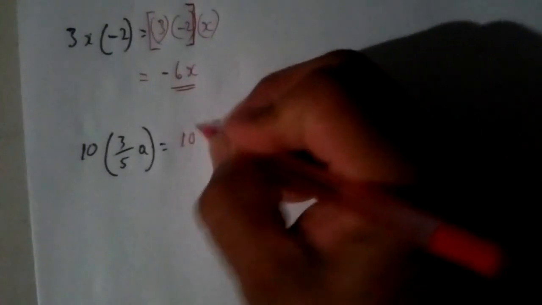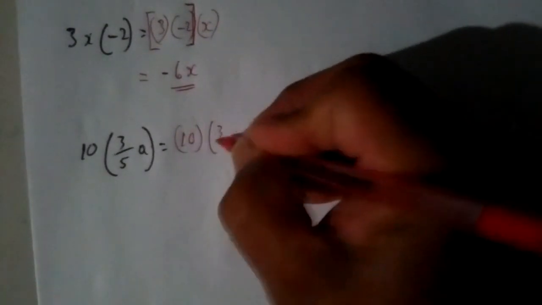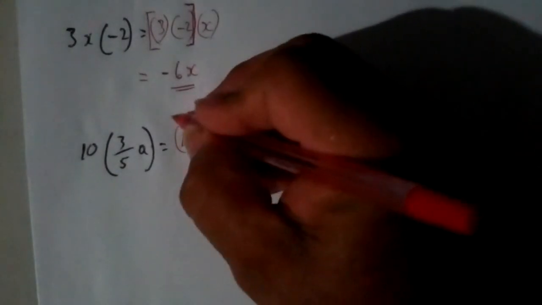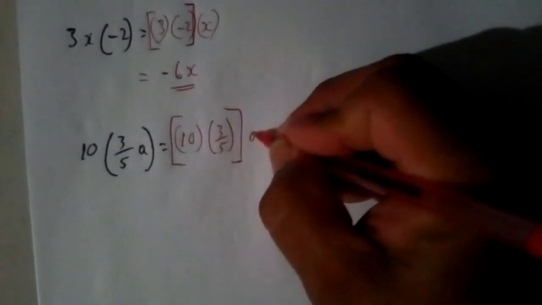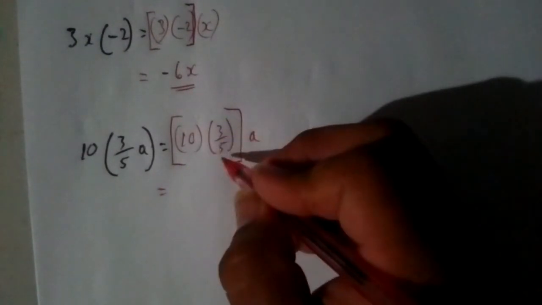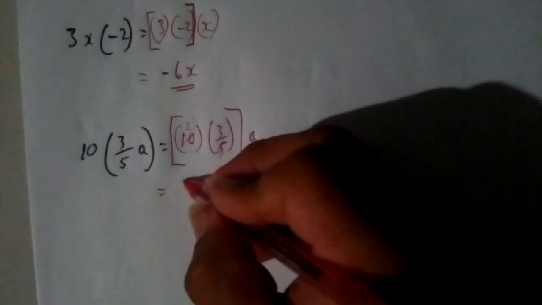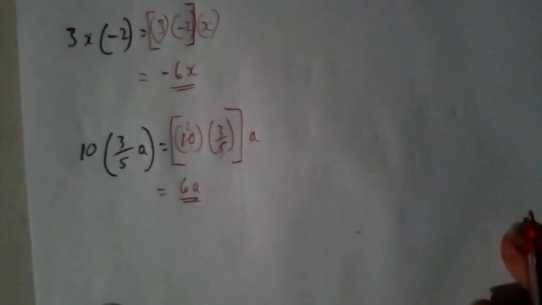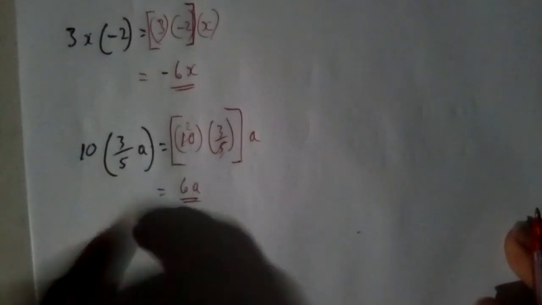So you have 10 open close bracket 3 over 5 close bracket, and put a bigger bracket so as to show that this is the piece I'm going to be working or multiplying first. Bring the a last. Well, here can they cancel? Yes, the 5 could go here, and this is 2 times 3 gives me 6 times a, and that is the simplified algebraic expression of this product.